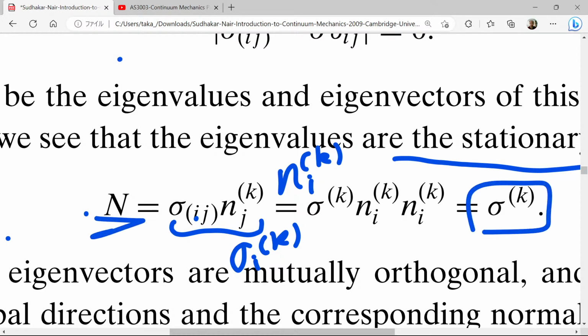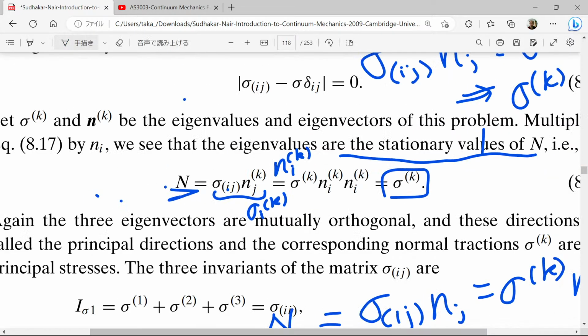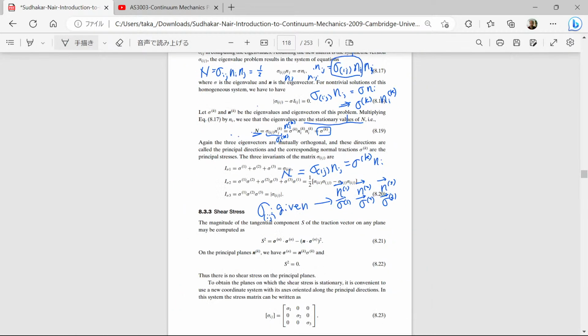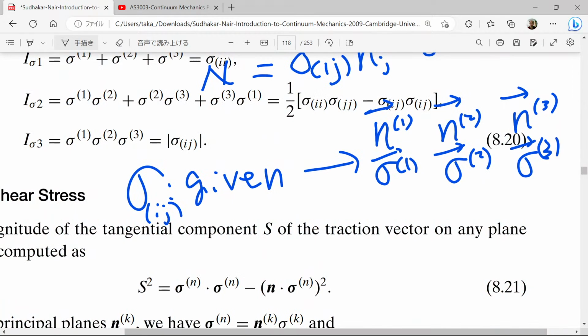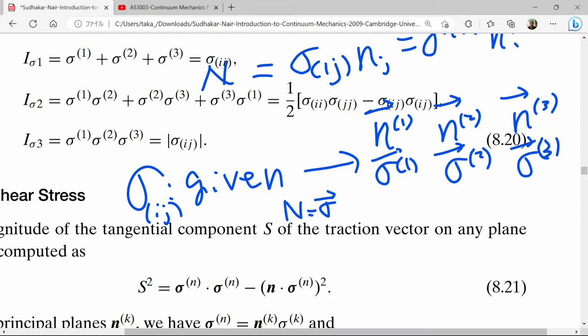In the particular case, n is more like sigma i n dotted with ni, and this value is called sigma i.